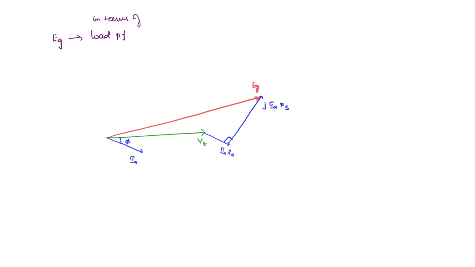Now here what you will do is you will drop a perpendicular from the voltage phasor, terminal voltage phasor. Okay. So this is now the perpendicular. Now you extend further, and this IAXS line if you extend, this will also be perpendicular. Why is that?